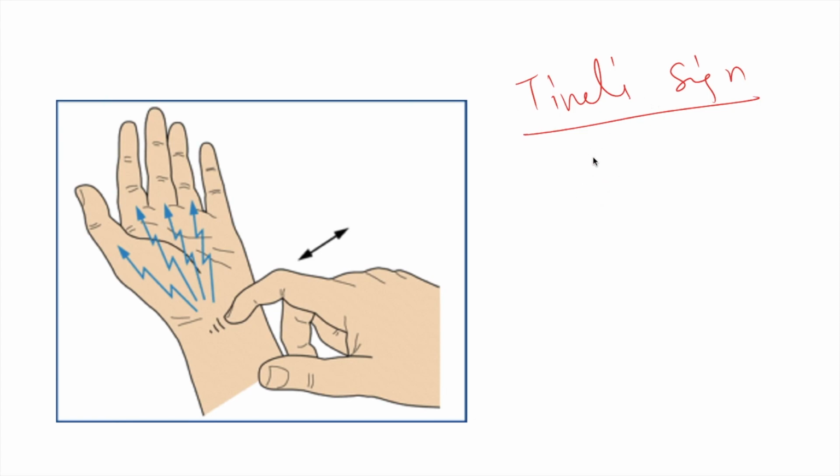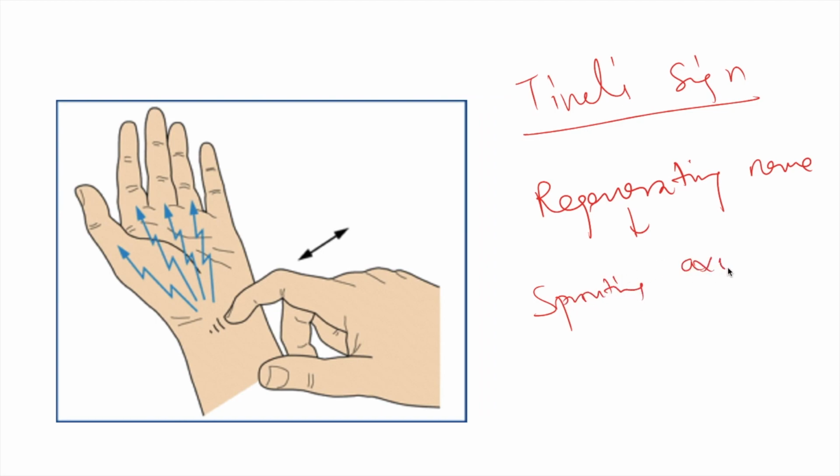So what is Tinel sign? Tinel sign is basically when you tap on a regenerating nerve, right? When you tap on a regenerating nerve, the sprouting axons give a current shock like sensation, and this is called a Tinel sign.